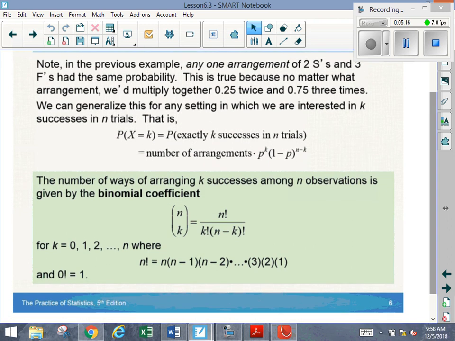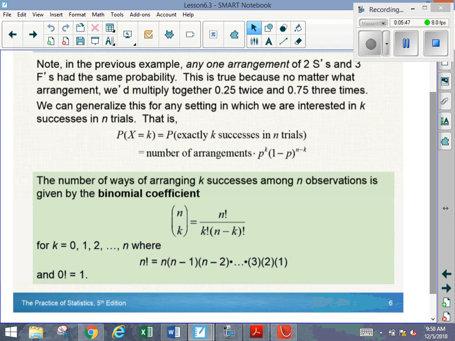You honestly don't really need to know what the binomial coefficient is. The next formula I'm going to put up, you really need. This one, not so much, because your calculator is going to do this for you. I'll explain what this is. This coefficient is the number of ways that you can arrange k things among n total.